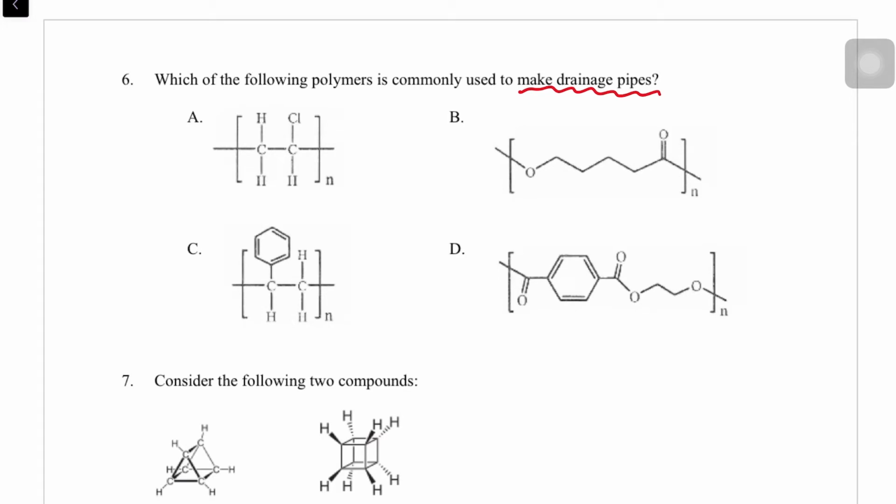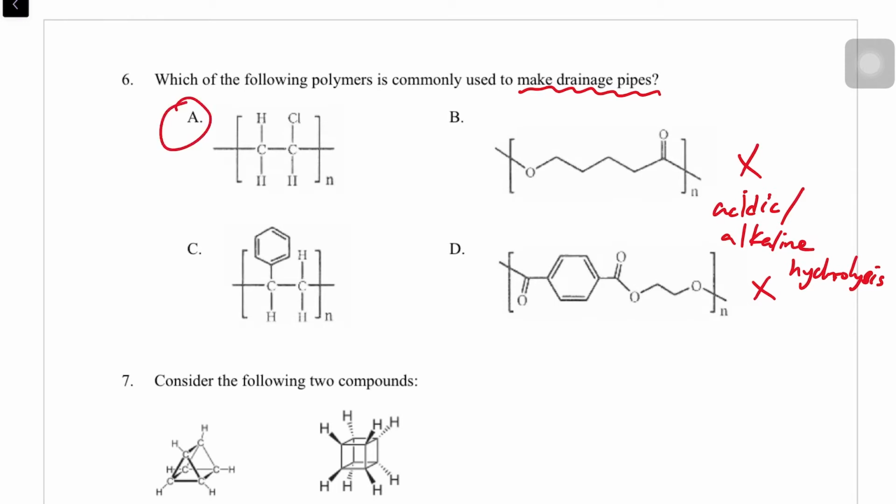So the polyester, no. The polyester won't be the choice because they may undergo acidic or alkaline hydrolysis. So no. Remaining A and C. Now A will be better because A is polar. That means the strength will be greater than C.